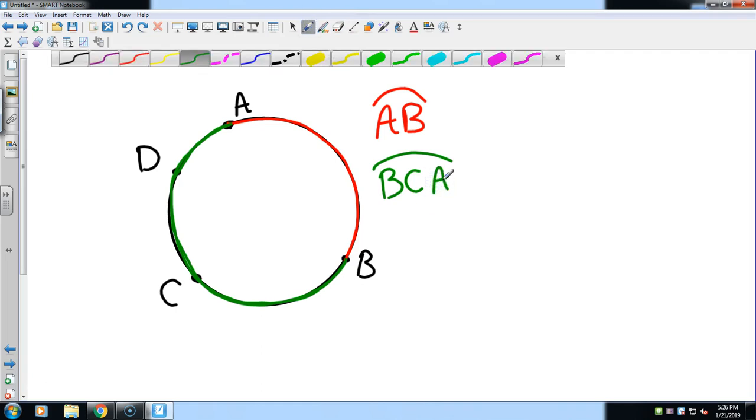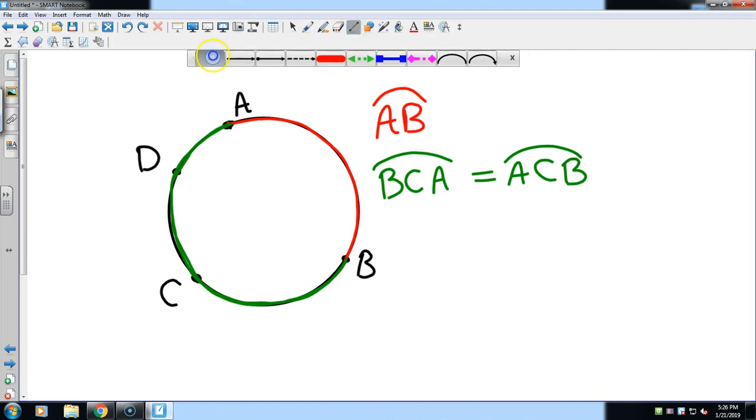Could I also do A, C, B? Yes, that would be okay. Those are the same thing. But I could not do B, A, C, because again, it goes in order. B, A, C would go counterclockwise, starting at B, through A and C. It's not the same one.